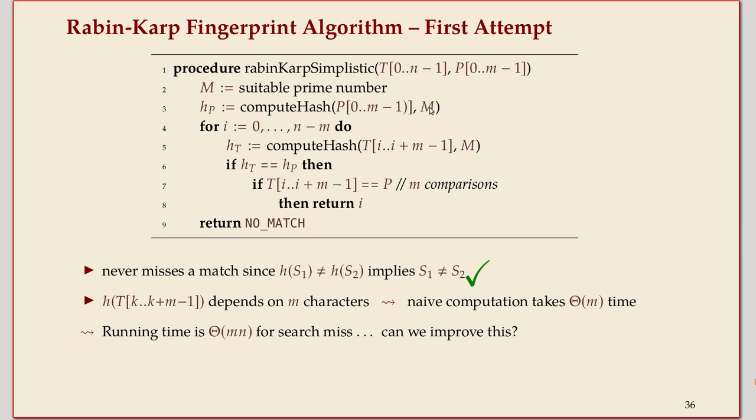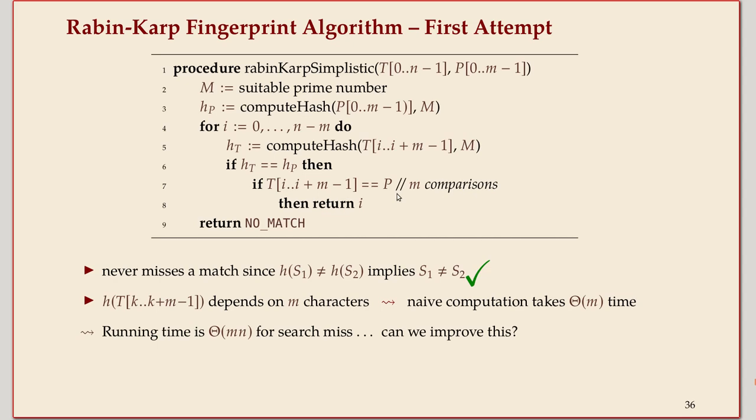That's some operation that defines your hash function. I won't go into details how to do that precisely. And then you compute the hash of a certain portion of the text, and you compare them. And only if they match, you actually go through character-wise and check if there's an actual match. All right?